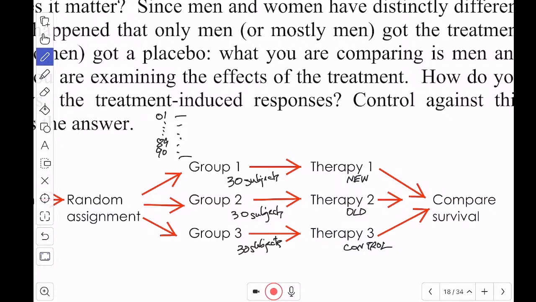What's the problem with this? Well, in advance, we're aware that this new treatment... I write it here.